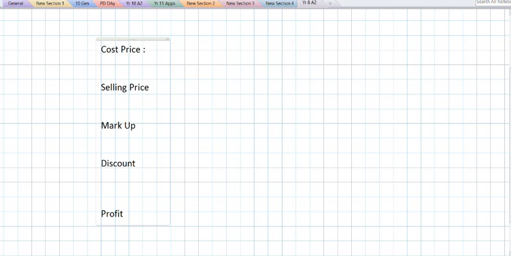Alright? What I'd like you to do is try write your own definition for the cost price down. Write what the company pays.